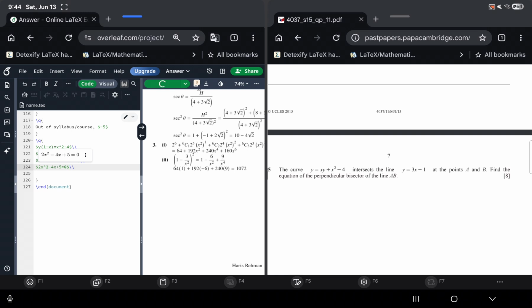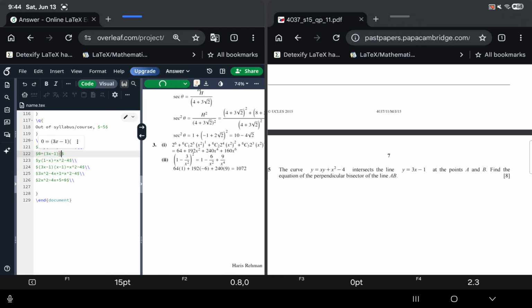Dude, if we bring y over here instead and set it to 0 already, so this would be 0 is equal to y, x minus 1 plus x squared plus 4. Okay, this is 0 is equal to 3x minus 1, x minus 1. No, this is 1 minus x.